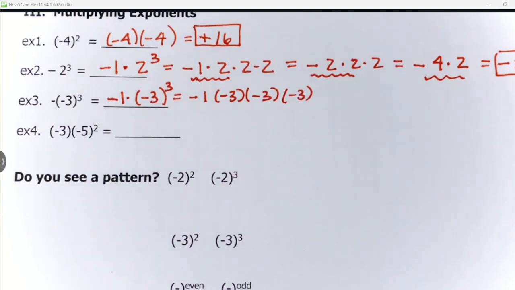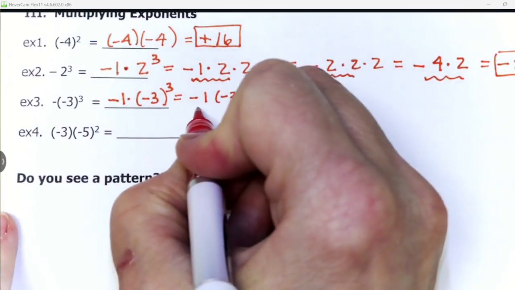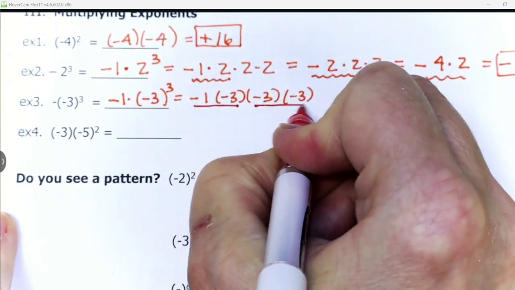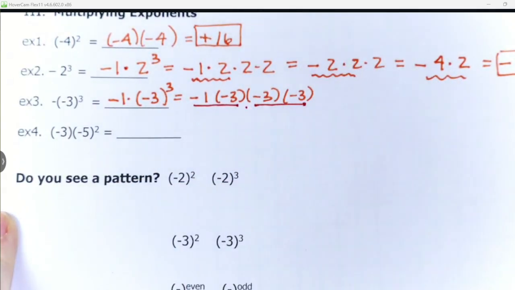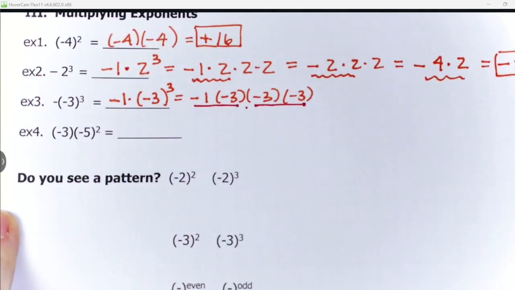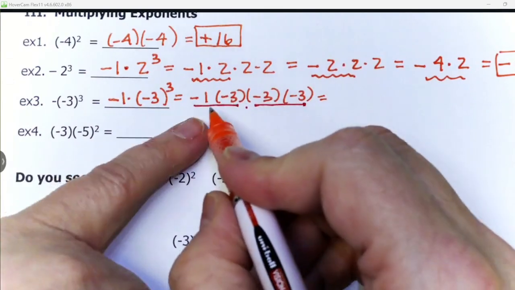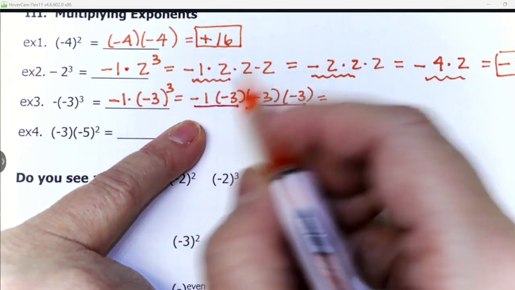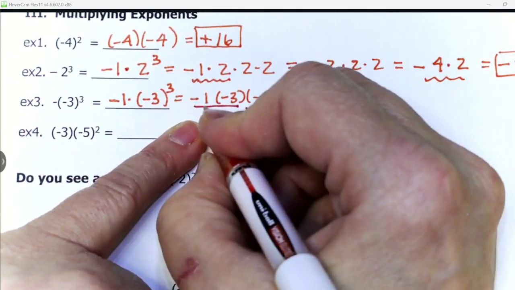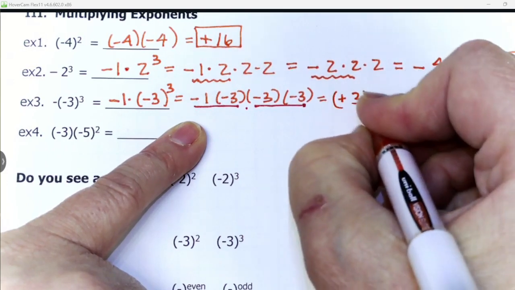Now, here's another way you can multiply. You can go left to right, or you can do what we call chunking. Chunking is where you multiply these two, and then you multiply them times each other, which sometimes works if you have a lot of numbers. So if we multiply the first two, a negative times a negative is a positive, and 1 times 3 is 3.